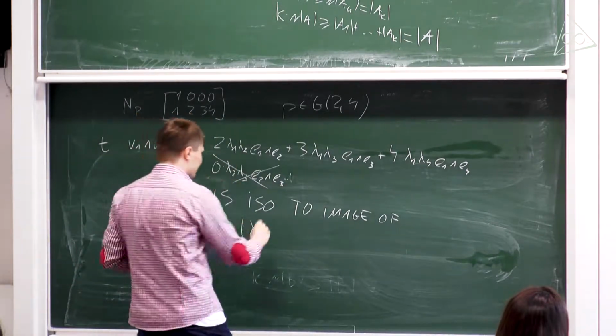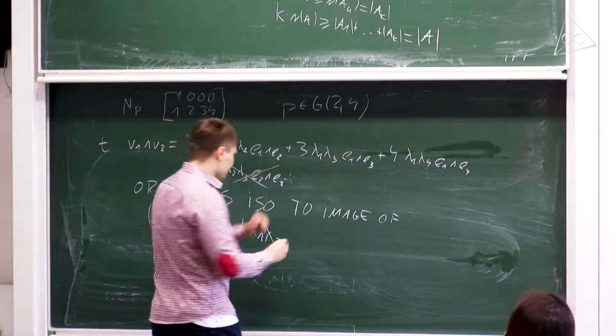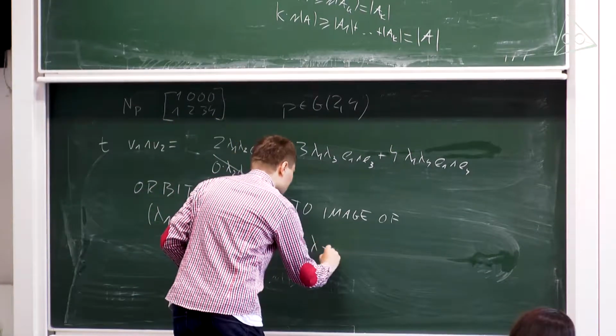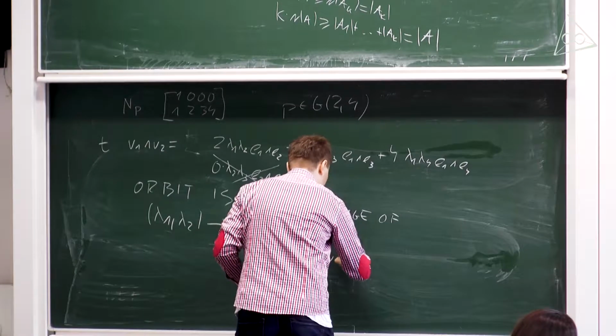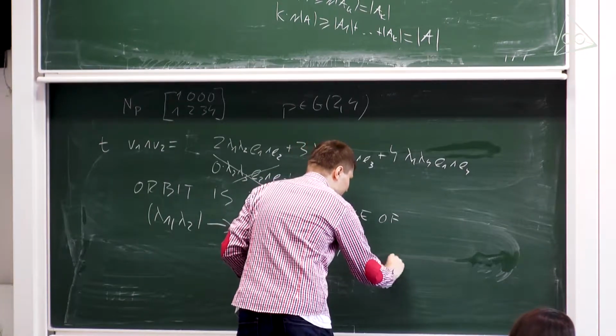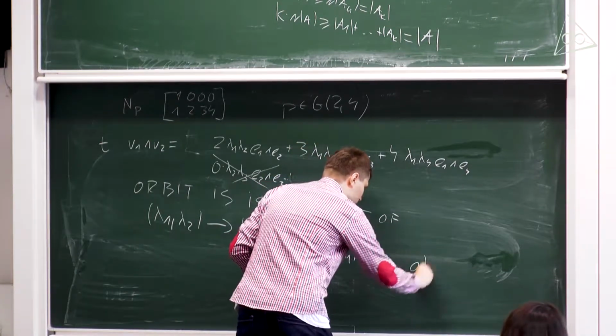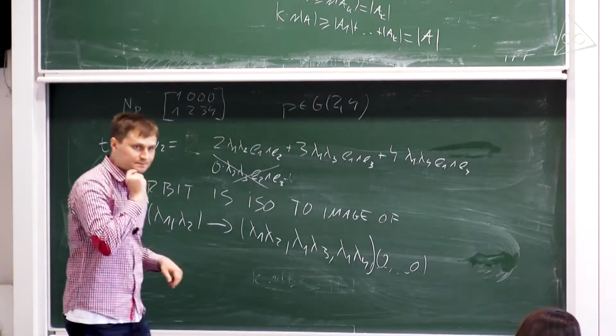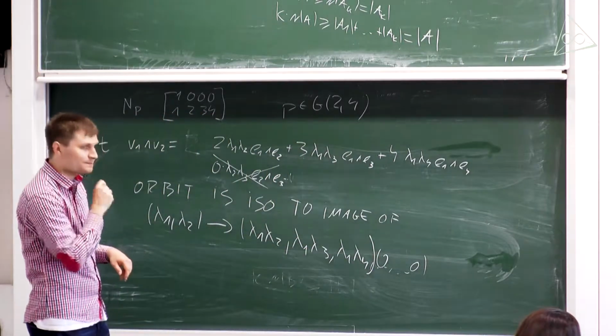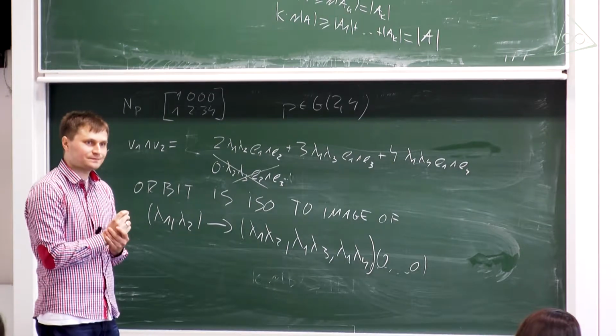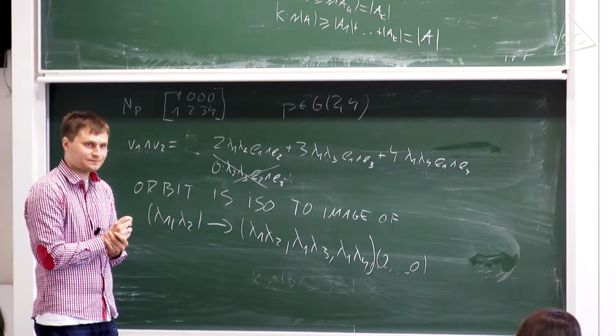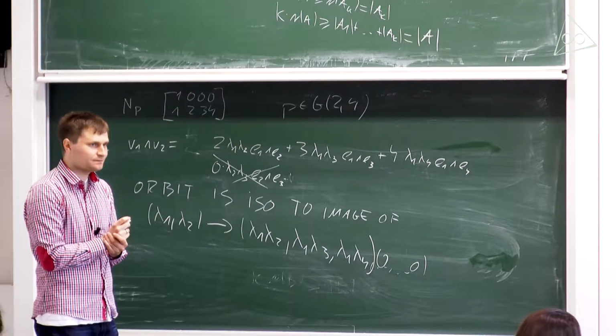Well, this I have to take, this I have to take, this I have to take, but the other things are 0. So I don't even have to take them. Okay? Do you agree?